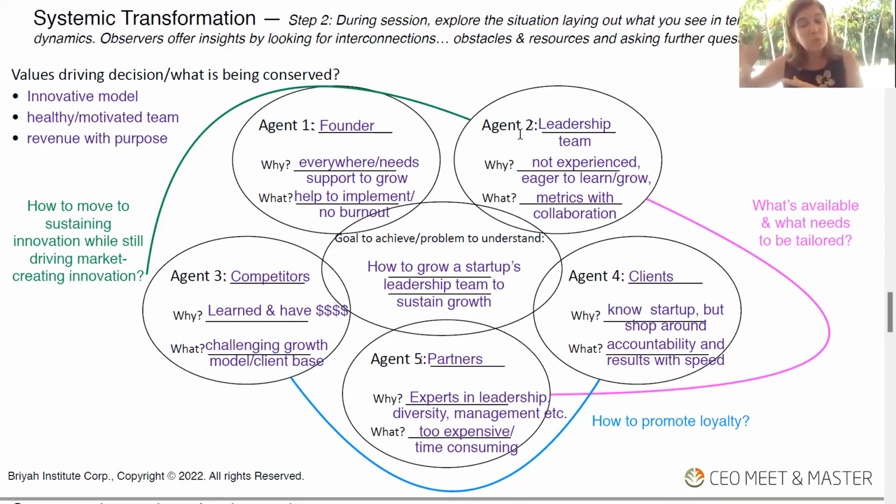So then I need to look for tailored experiences for my team. Another insight that I got, clients already work with me. How can I make them more loyal to me? Are there things that I can do to increase my offer to my clients that will make them more loyal to me and not go to competition when competition is knocking at their door.